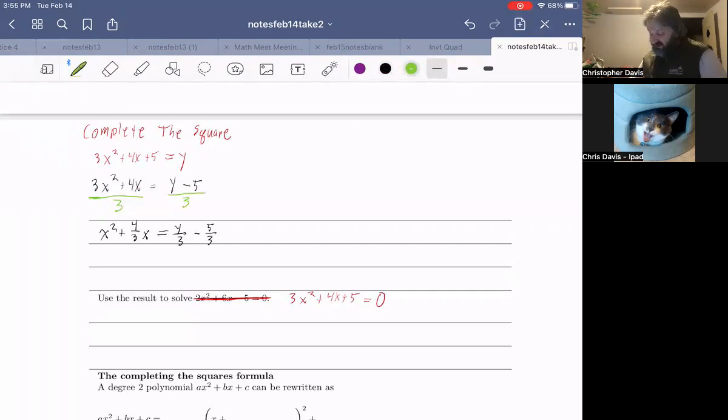So this is the thing that is supposed to have the role of 2 times b. So let's write that out. That's x squared plus 2 times 2 over 3 x, equals y over 3 minus 5 over 3.